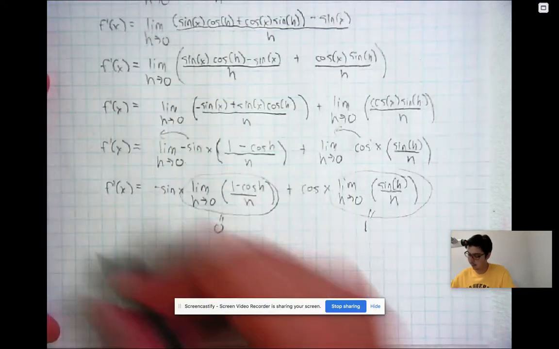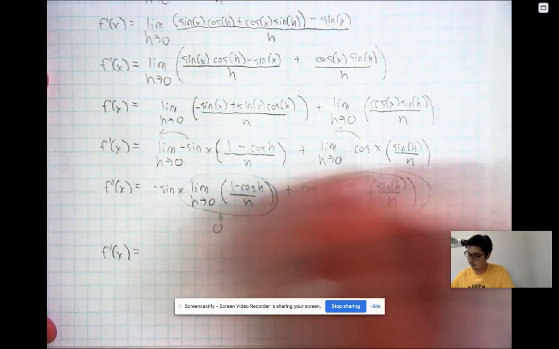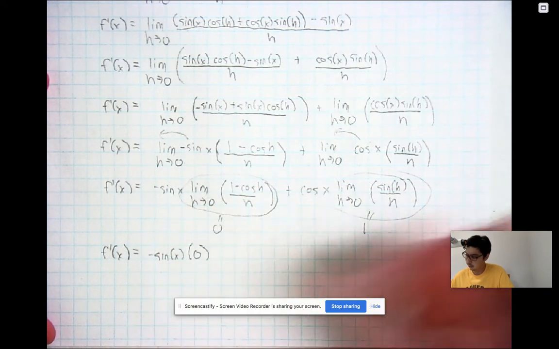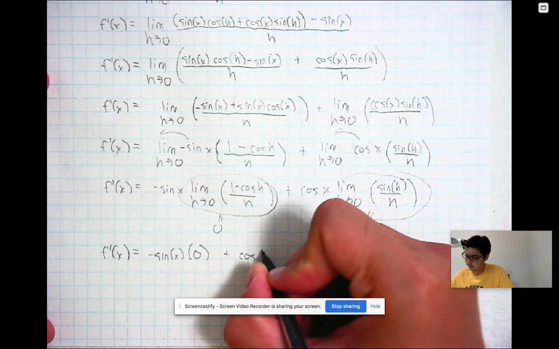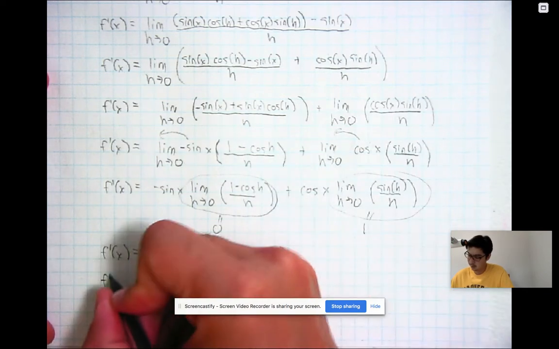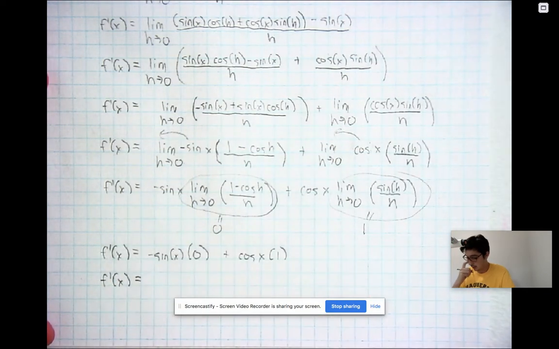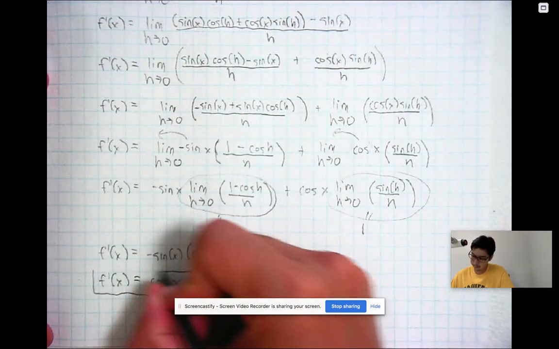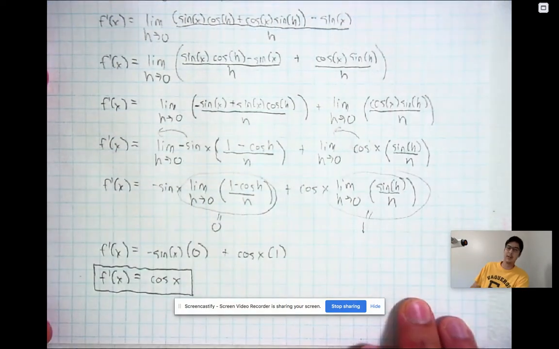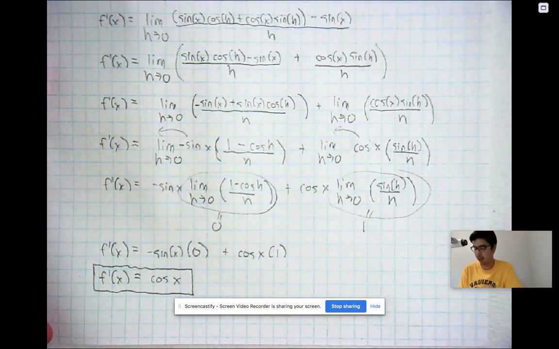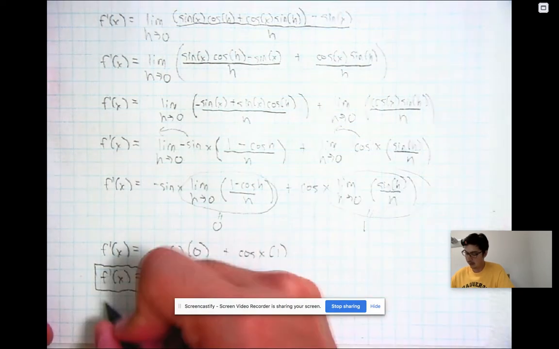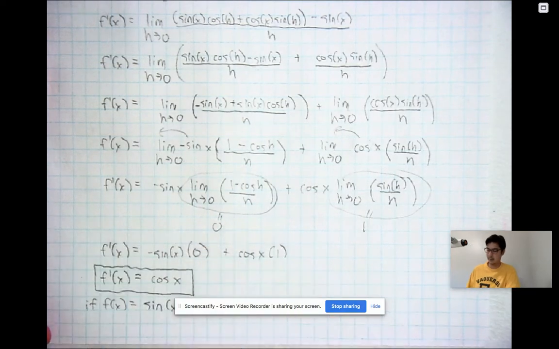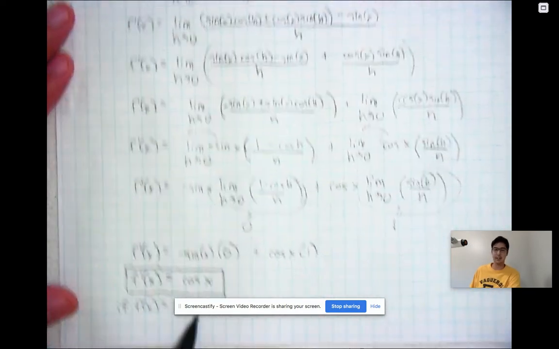So now what we have here is that f prime of x is equal to negative sine of x times 0 plus cosine of x times 1. Thus, the derivative of sine of x is equal to cosine of x. And that has some huge implications and importance: if f of x is sine of x, then the derivative of sine of x is cosine of x.